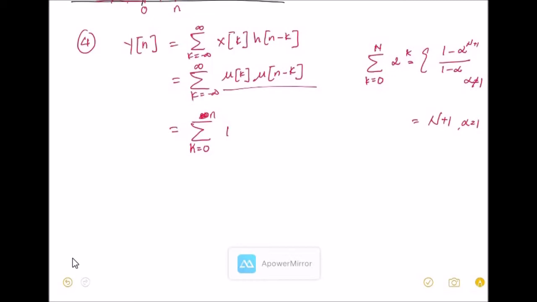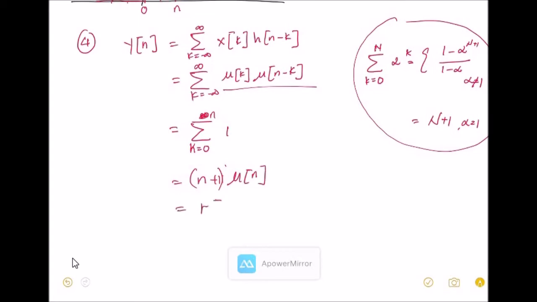So based on this finite sum table, the summation from 0 to n is n plus 1, times u[n]. This one is also equivalent to r[n] plus 1. This is also a property.